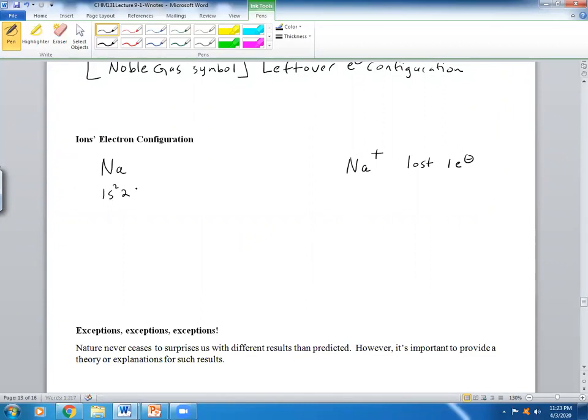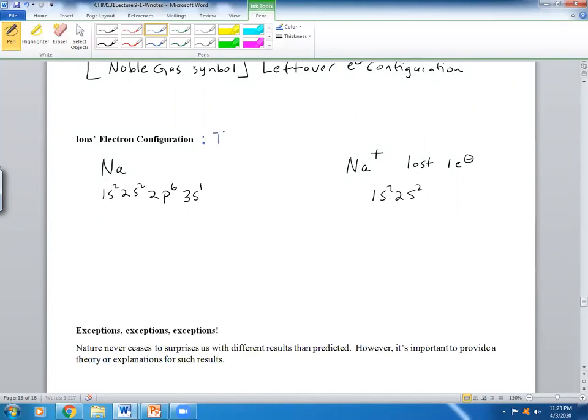So it's 1s2, 2s2, 2p6, 3s1. This one is 1s2, 2s2, and then you're asked, okay, where is the electron going to come out from? Well, the rule is, if you add an electron or take out an electron, so I'm going to write it here on the top.